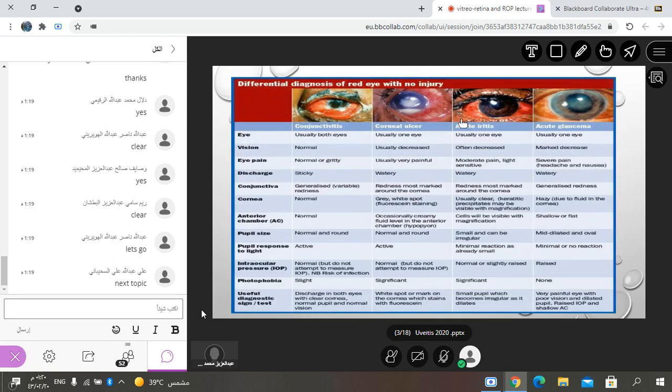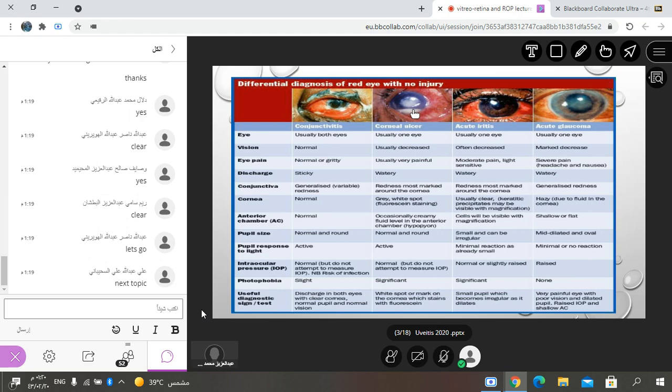In general, if a patient presents with redness and pain in the eye, you take it as an emergency condition, so you need to take it seriously. Sometimes it is a serious condition like this one, and sometimes it is not, okay?